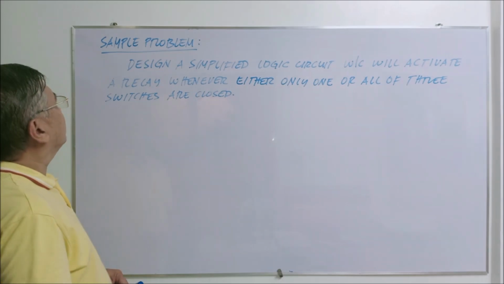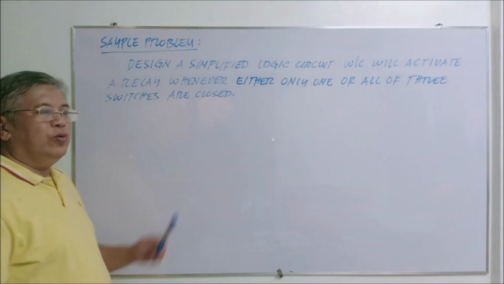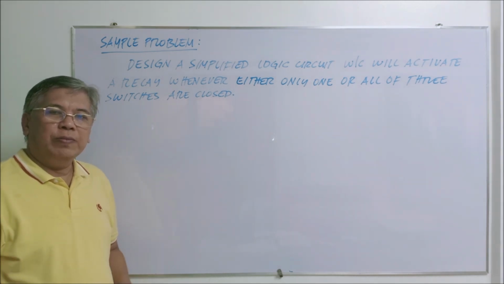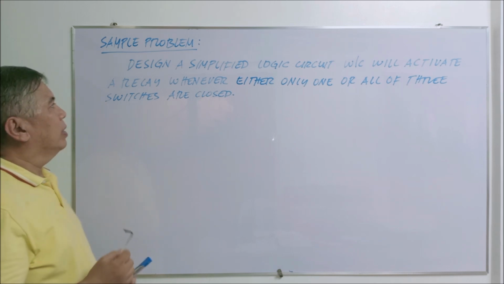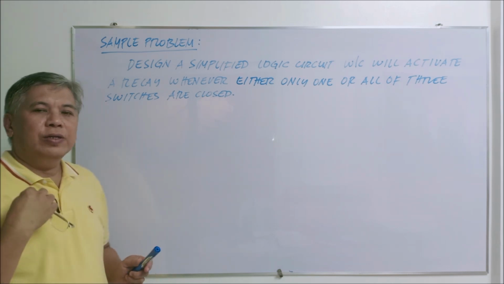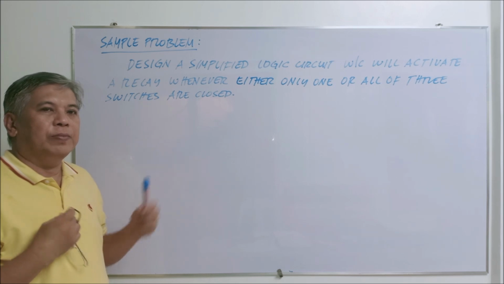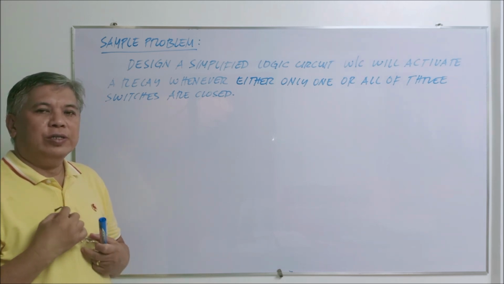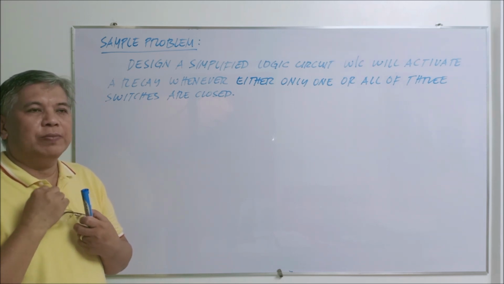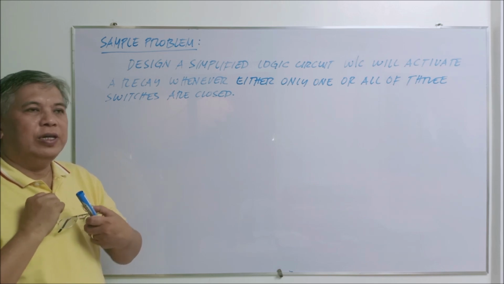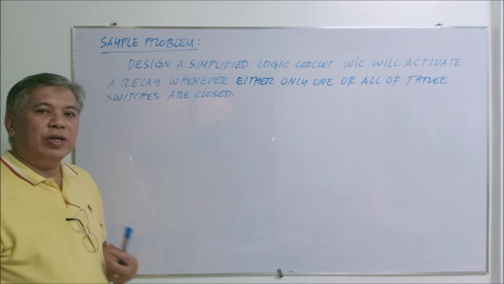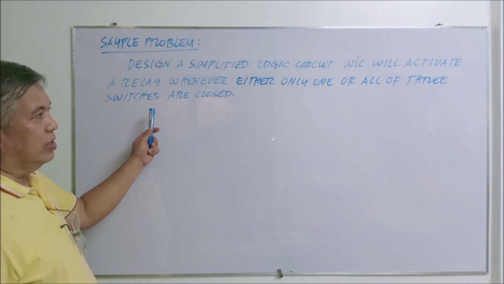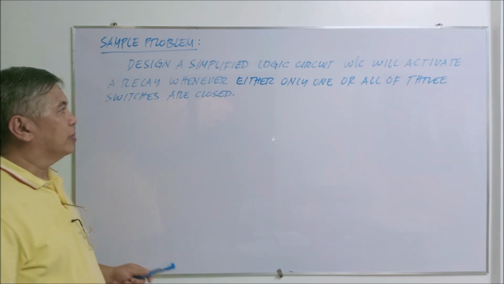Okay, so we go now to a sample problem applying our K-map. This is the same sample problem that we had in deriving Boolean algebra equations.